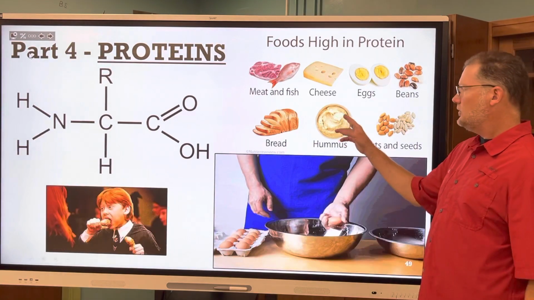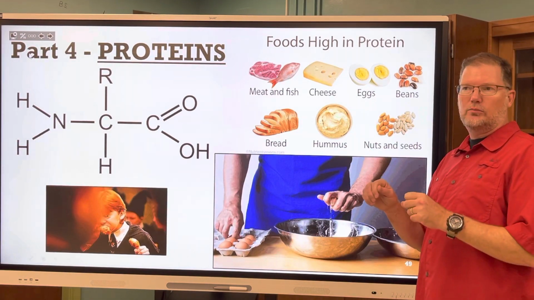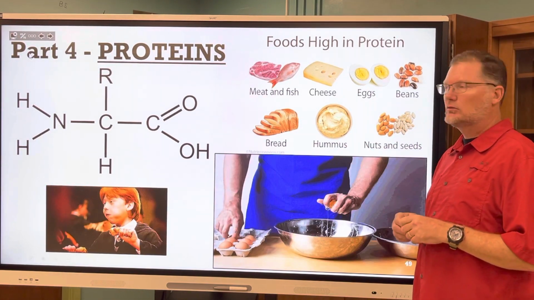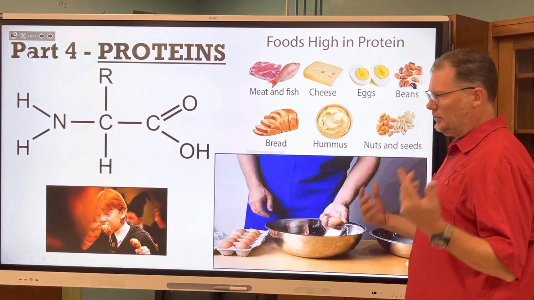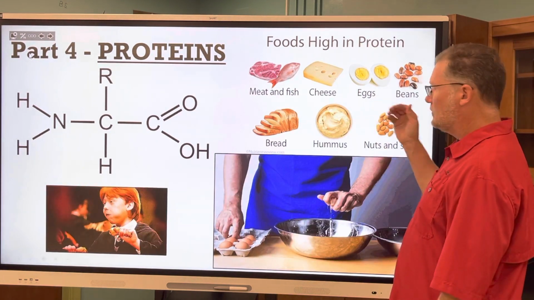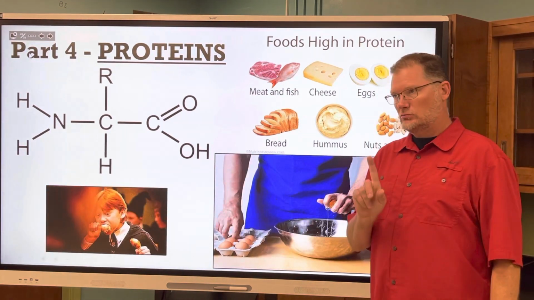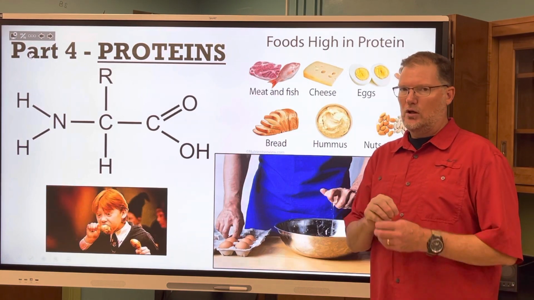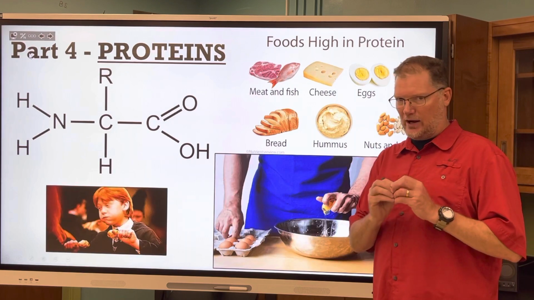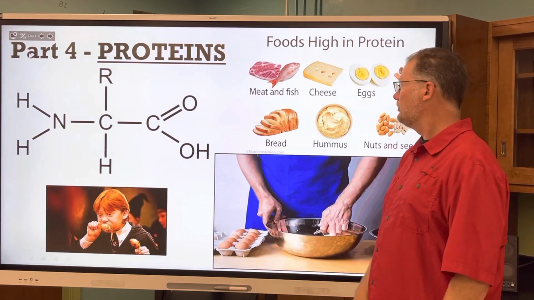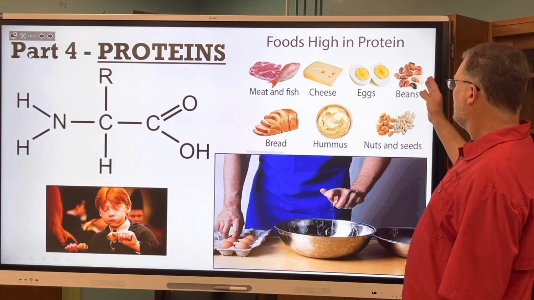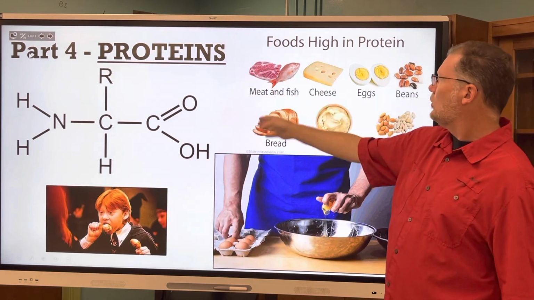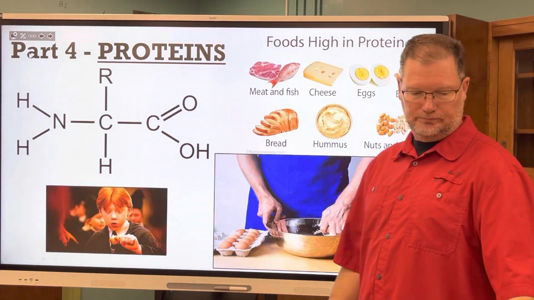So hummus is ground up chickpeas, which is just beans, really. Bread, some breads are better than others. Fresh whole grain bread is much better than bleached flour white bread, which is not really good for you. Beans, nuts and seeds, and then of course all of your meat and dairy products.